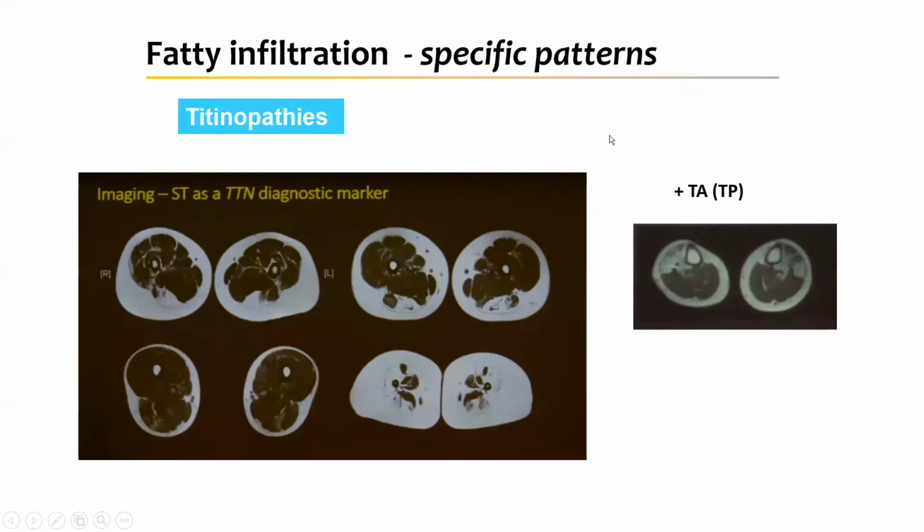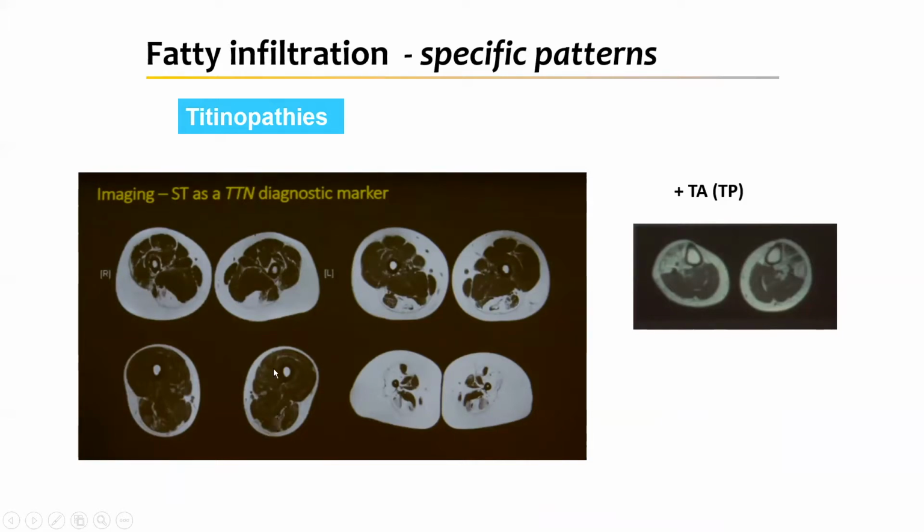Now, there are also situations where muscle fatty replacement, simply by looking at the images, gives you almost a diagnosis. It's true, for example, for titinopathies, where you have always an involvement of the semitendinosus.